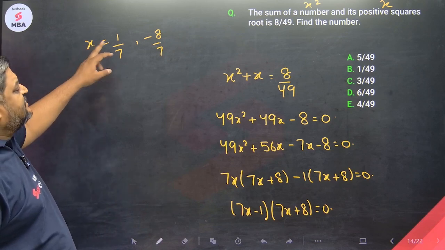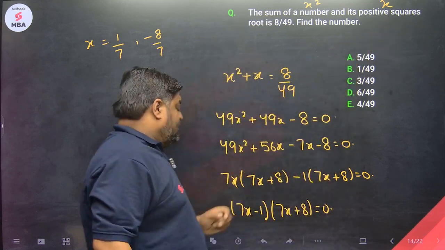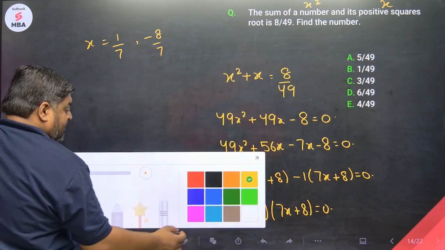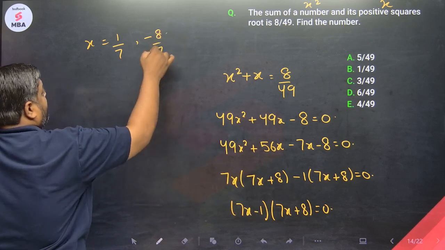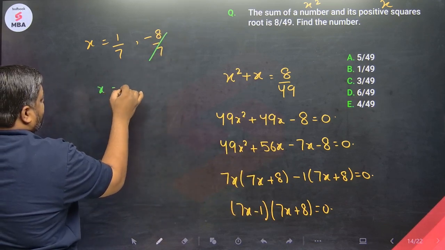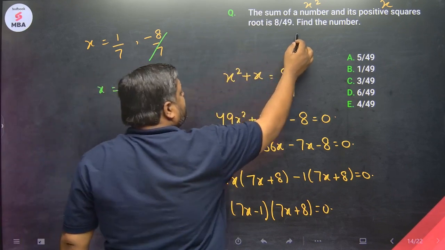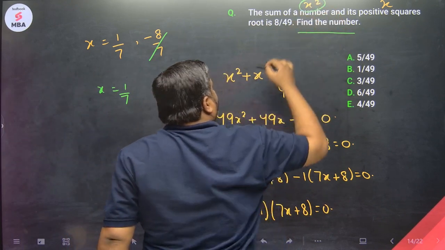ये x क्या है? Square root है. And we wanted the positive square root. Hence we will not consider this one. So x की value क्या है? 1/7. What we are looking for is the number. Number is asked and number is x square.